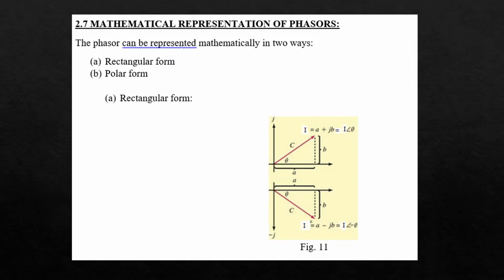Phasor and vector representation. A sinusoidal AC signal is represented by e = Em sin omega t. Another method to represent a sine wave is a vector representation. In vector representation, the alternating current or voltage is represented by a vector rotating counterclockwise, as you can see over here.